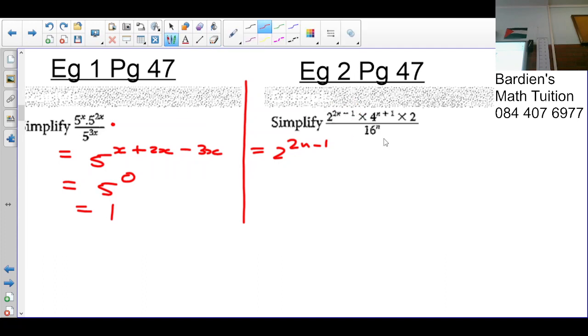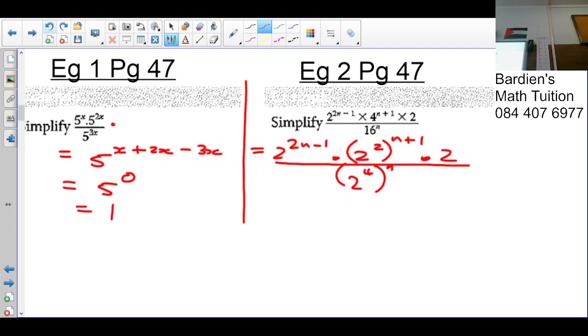However, 4 can be written as 2 squared raised to the n plus 1, times 2, over 16 written as 2 to the 4 raised to the n. 16 can also be written as 4 squared, but it's not in prime factors. So we always break it up into prime numbers.